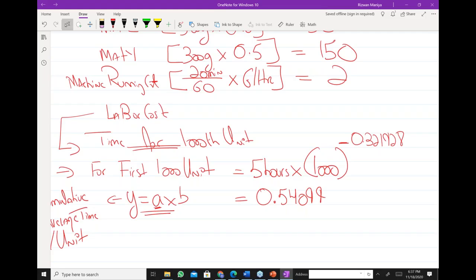This is a major mistake my students make in the paper, not following the decimal policies, especially for fill in the blank questions. Here you have the luxury, so I can take 5 decimal places to be on the safe side. So let's multiply this by 1,000 units and I'll get the total time.